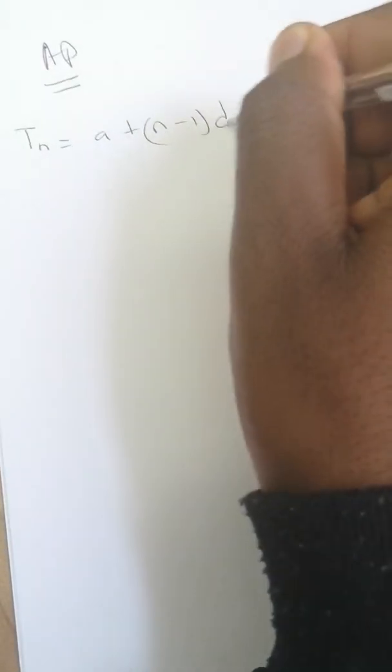But now the most important thing is for you to understand the sum and how to find the number of terms. So normally the nth term, which is referred to as Tn, is equal to a plus n minus 1 d.